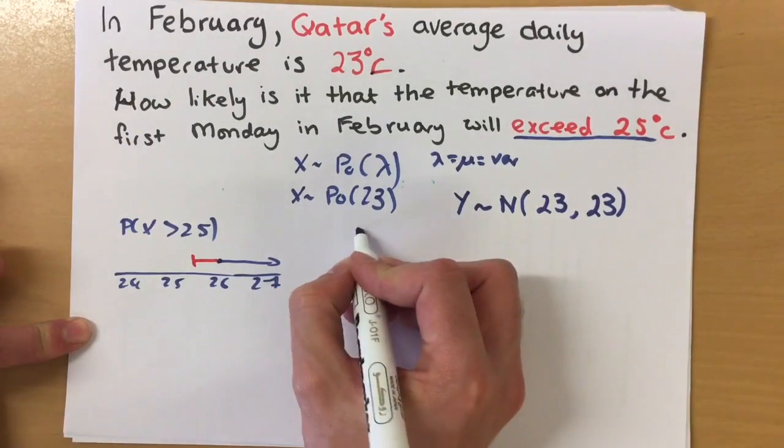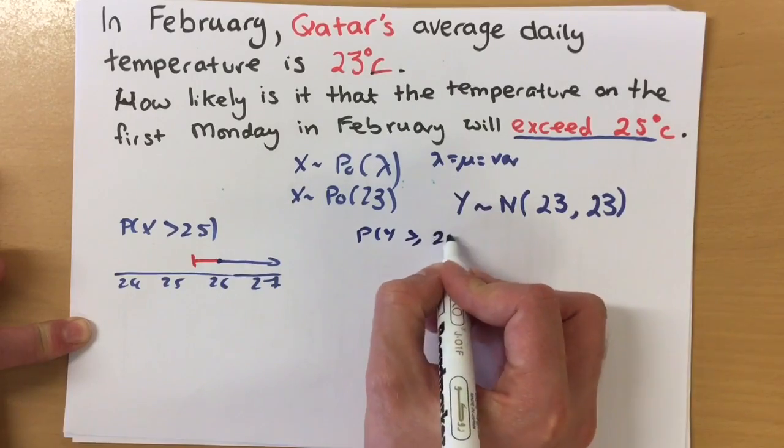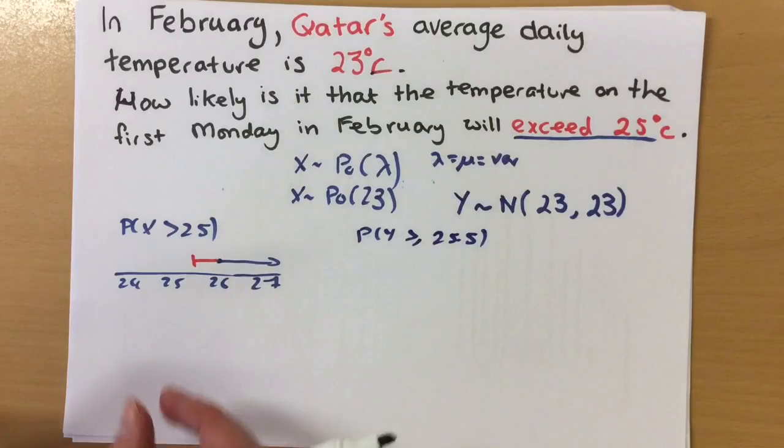So probability that y is bigger than or equal to 25.5, with that continuity correction just slipped in there.